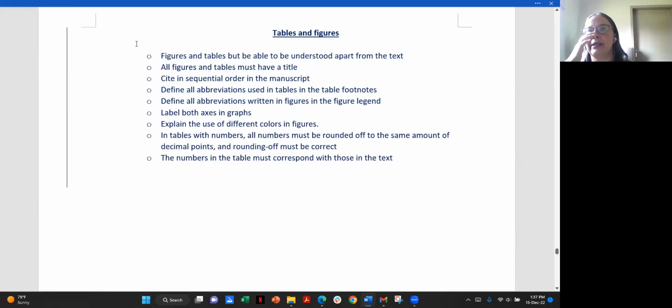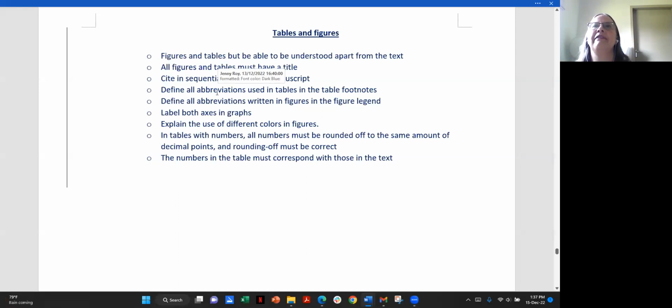And then just the last thing on tables and figures. Always remember that tables and figures must be able to be understood apart from the text. Because that's something actually that people will first look at, because it's going to be a summary of your findings. So when you're doing figures and tables, they must always have a title, and they must be cited in sequential order.